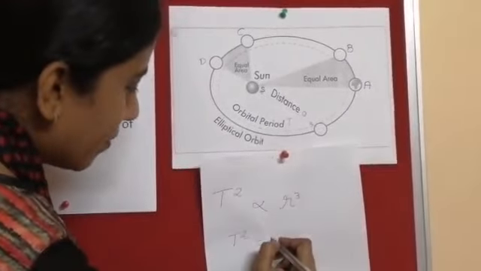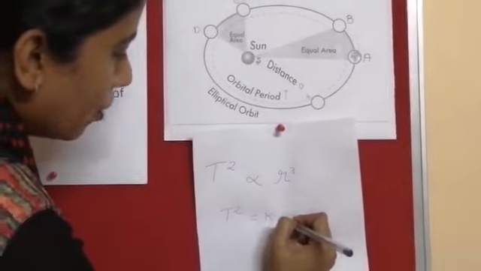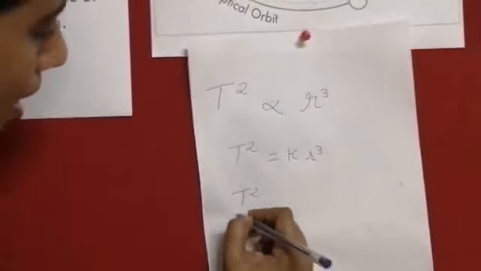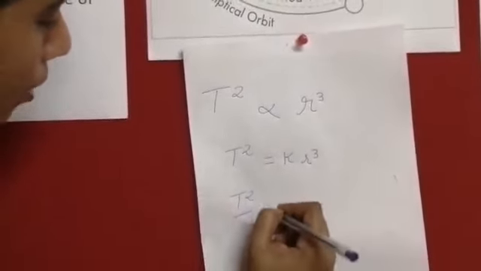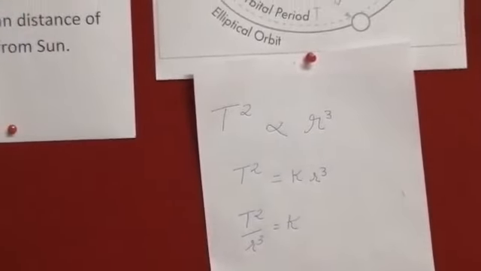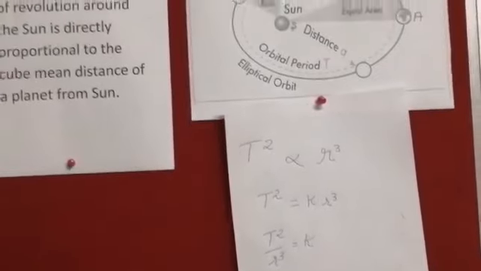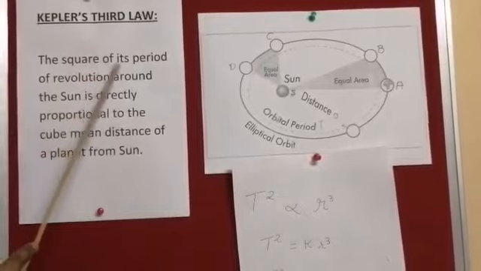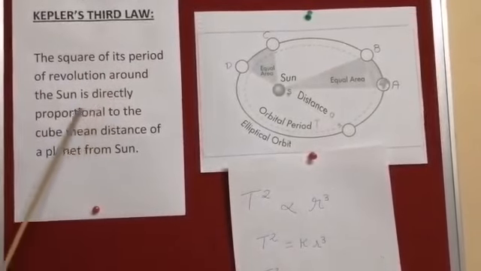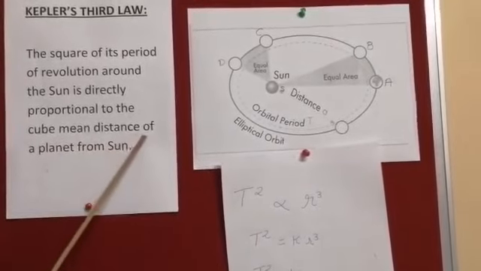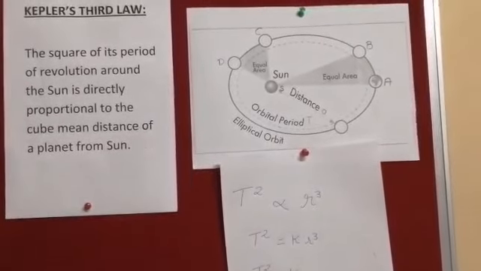We will consider the constant as k, so T squared equals k into r cubed. Now I will take r cubed to the other side and get T squared upon r cubed equals k. This is Kepler's third law in equation form. Again I will repeat Kepler's third law. It states that the square of its period of revolution around the sun is directly proportional to the cube of the mean distance of a planet from the sun.